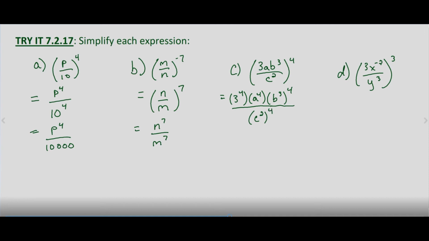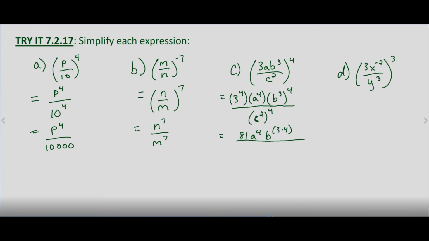And now we use the same properties that we've used in the past. 3 to the fourth, that's going to be 3 times 3 is 9, times 3 is 27, times 3 is 81. So 3 to the fourth is 81. A to the fourth, and then b cubed to the fourth is going to be b, that's a power to a power, so b to the 3 times 4.